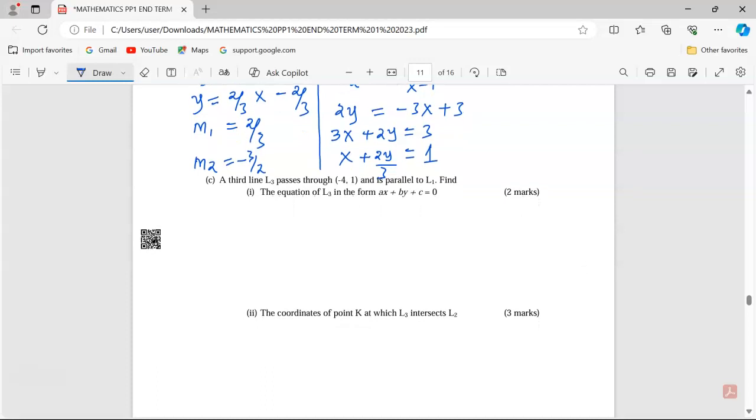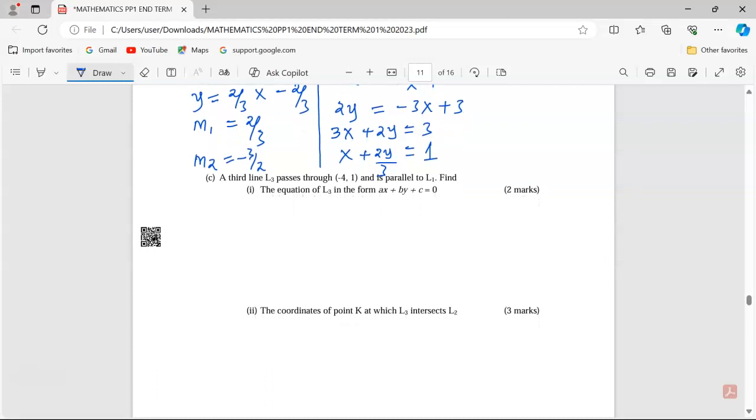We can go to part C. A third line, L3, passes through (-4, 1) and is parallel to L1. Find the equation of L3 in the form ax plus by plus c equals 0. What you should know is that the gradient of line 1 is already known, that is 2/3.